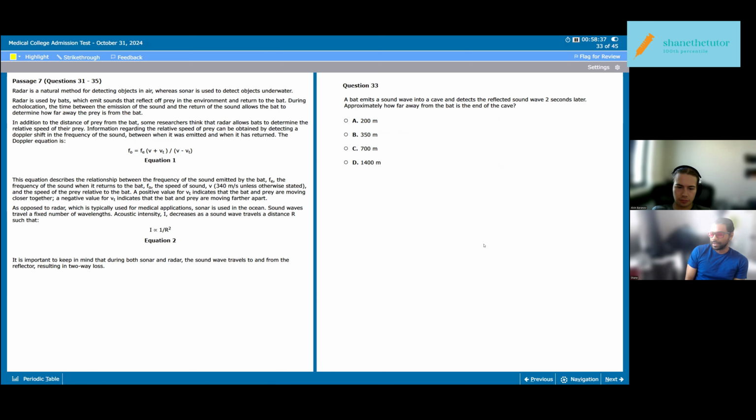And then to find distance, you would multiply it by time, right? Then you would get something like 700. Well, that's if we're considering distance there and distance back. But yeah, you could divide 700 by 2.